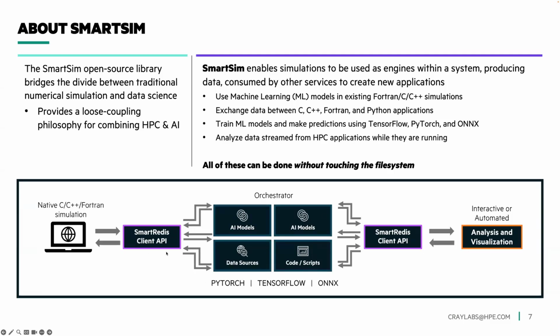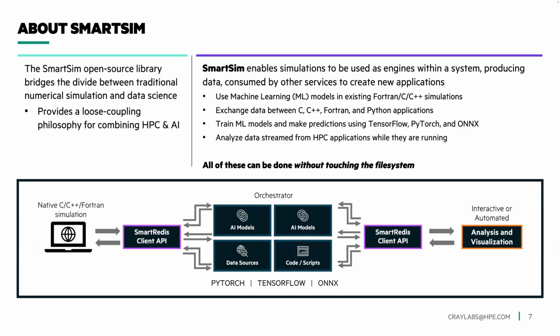You can put together several simulations that all access the data on the database, or you can have other types of applications, like visualization applications, which fetch the data from the database and visualize it, or you can have AI models, either directly in the database because it has processing capabilities, or in other applications.